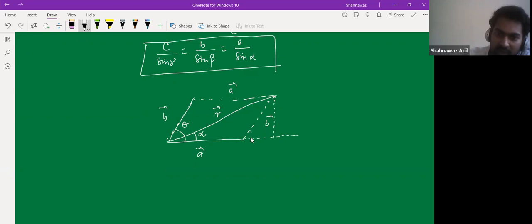And what is this angle? I have drawn. This angle is theta. Okay. So I should talk about the resolution. Let's just say that if you have a vector B, okay, and this is theta, so this will be B cos theta, and this will be B sin theta.